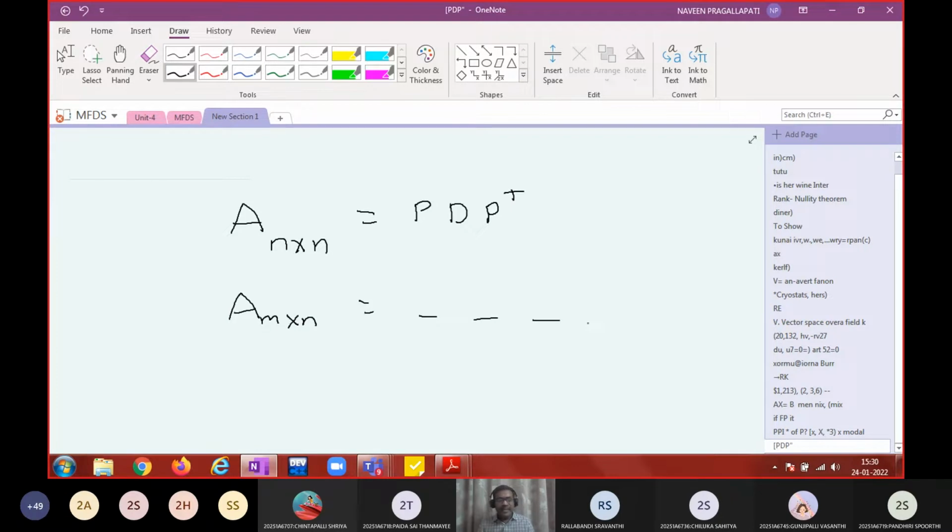Now the stage is set to discuss singular value decomposition. Can I proceed? Is there any doubt so far? If a matrix is given and I ask you to check whether it is an orthogonal matrix or not, you first see the magnitude of each column. If the magnitude of any column is other than 1, it cannot be an orthogonal matrix.